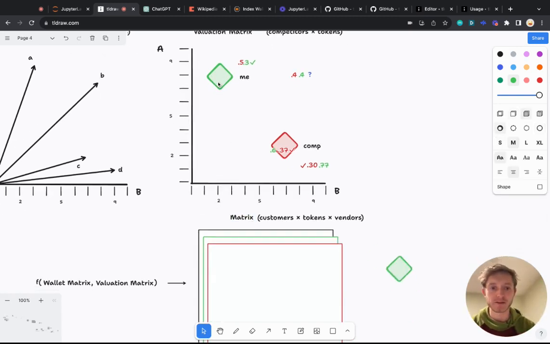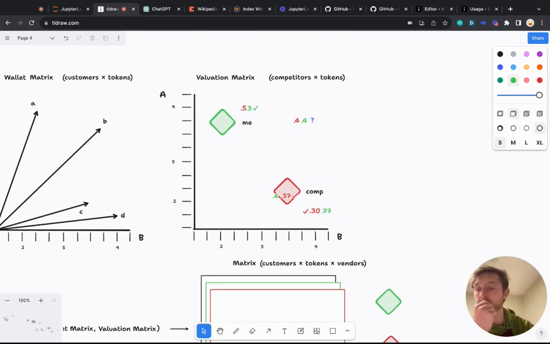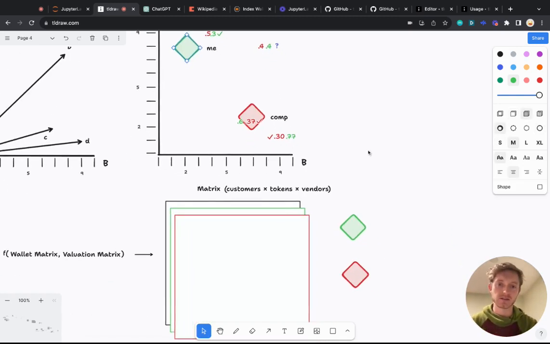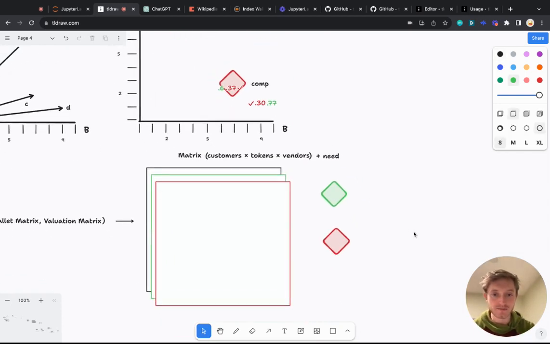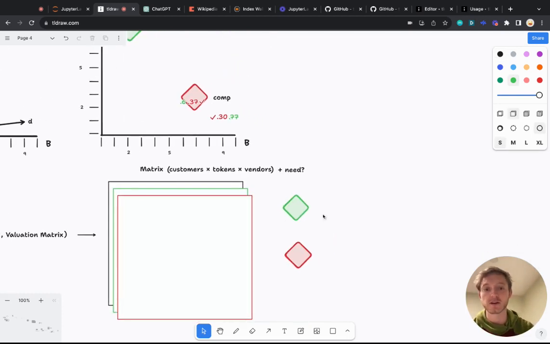Yeah, it's probably fine to think about it that way. Somewhere in here, we need to also put a need. I don't know if it's a plus, but yeah, it has to go in there somewhere. And then for each of these, we compute an expectation.